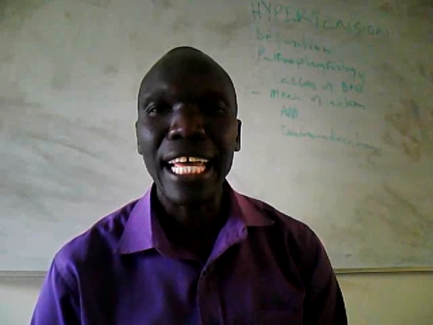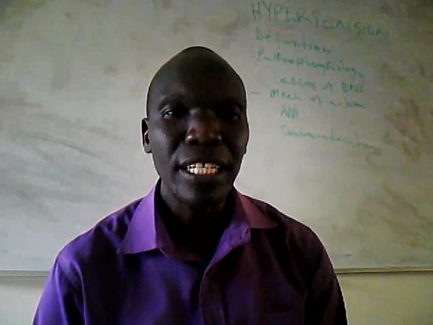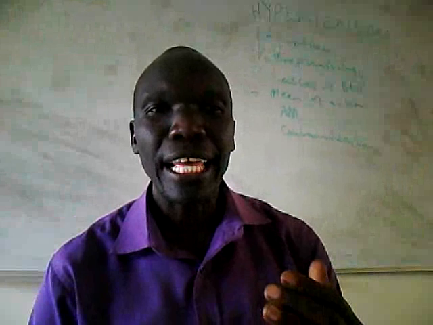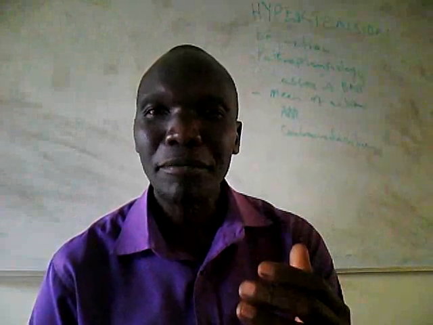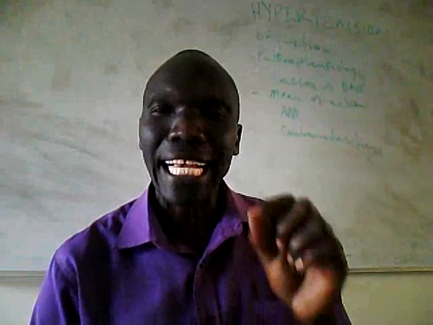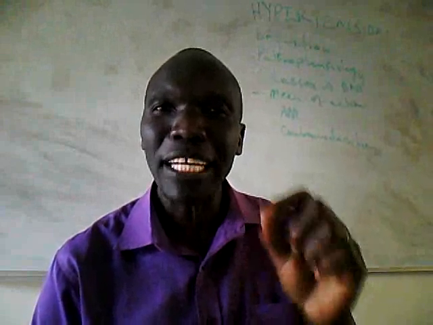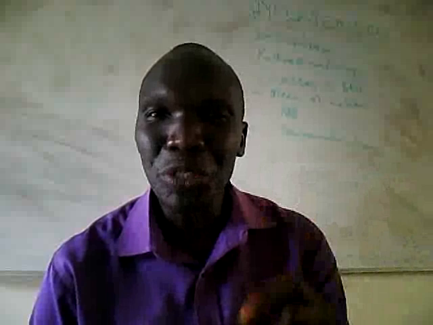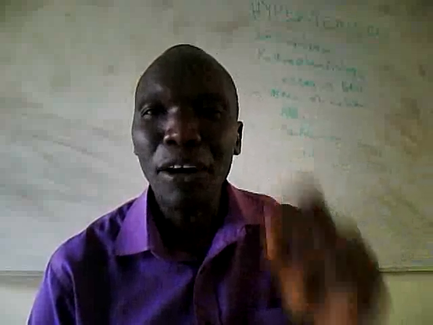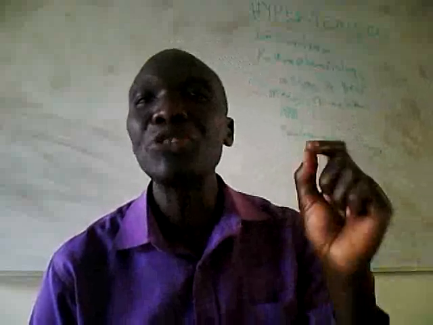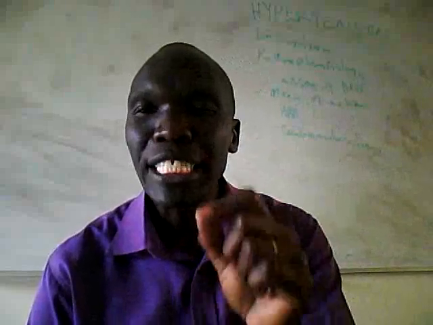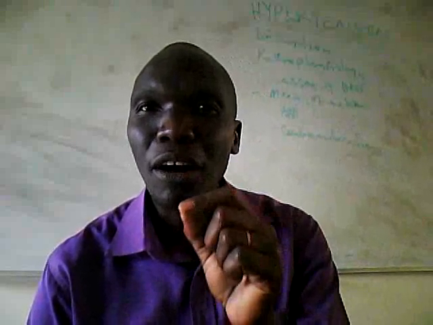getting the hypertension resolved. The hypertension gets resolved because when the angiotensin-converting enzyme inhibitor is used, it blocks the conversion of angiotensin 1 to angiotensin 2, which is a potent vasoconstrictor.